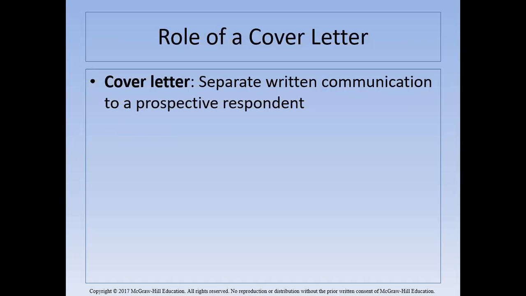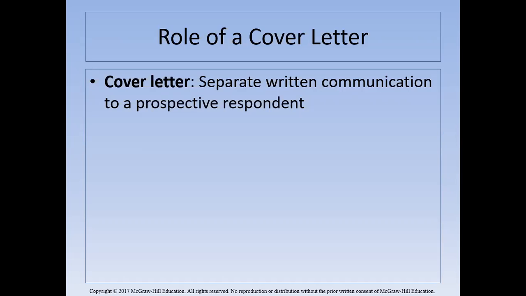The last thing is the role of the cover letter. Cover letters are usually a small paragraph, sometimes half a page, but a small paragraph most of the time, telling them what this is and how they're going to help you in finding out.